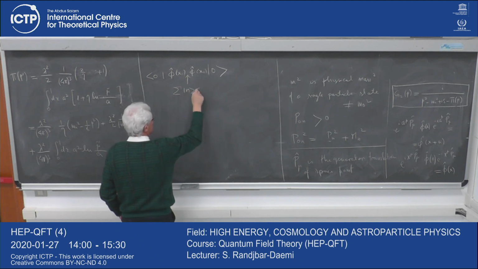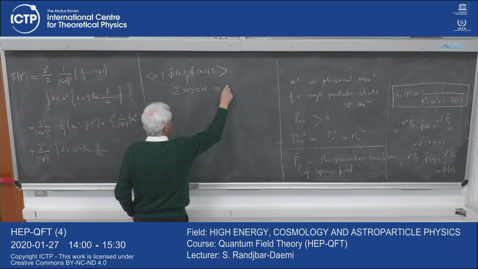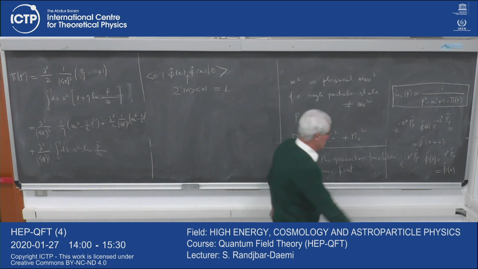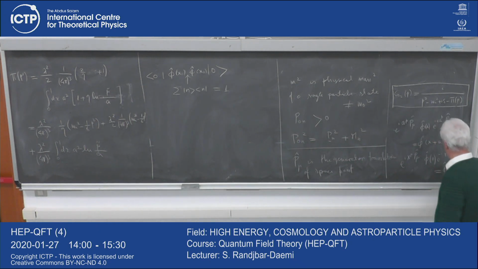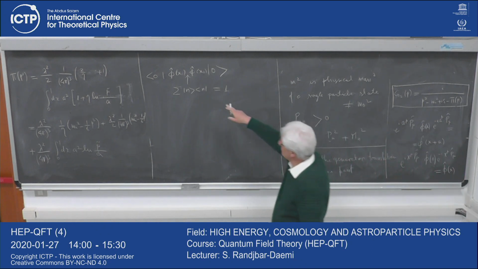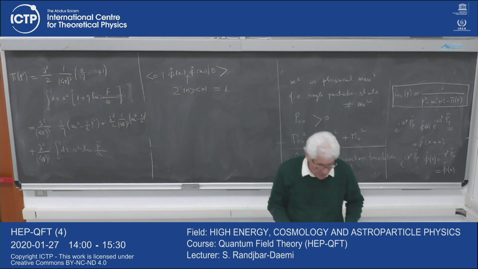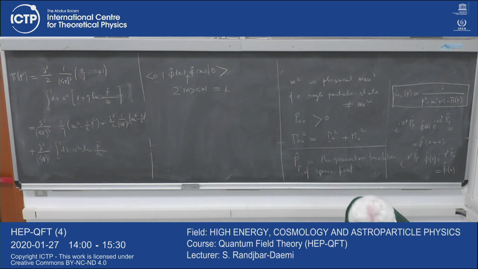Since they are complete, that will be 1. Then use this formula to write phi x in terms of the momentum operator, use the fact that these are eigenstates of the momentum operator, and therefore rewrite the whole expression in some way.